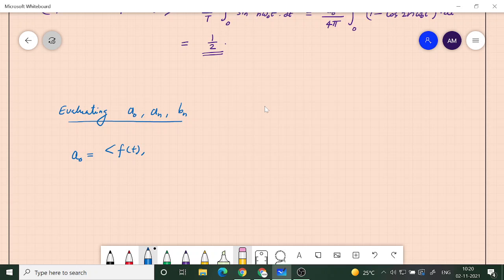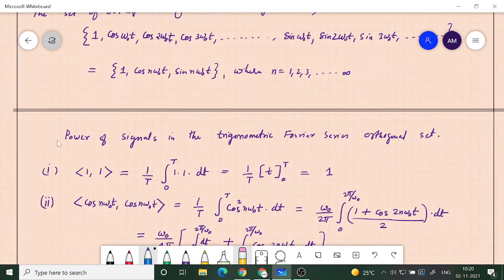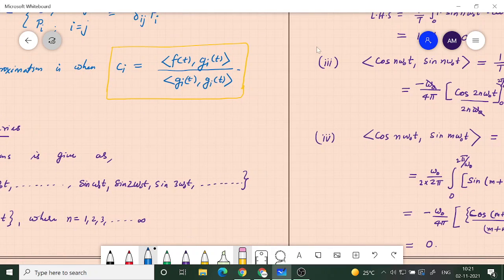Which g of t should I take in the trigonometric series? You see, our trigonometric Fourier series set is this: 1, cos n omega 0 t, sin n omega 0 t. So I associated one constant with each of these functions. I will show you again. After that you have to tell me.